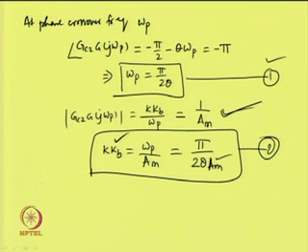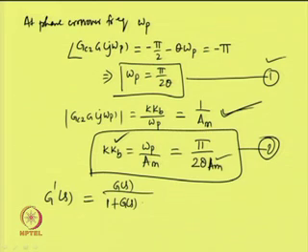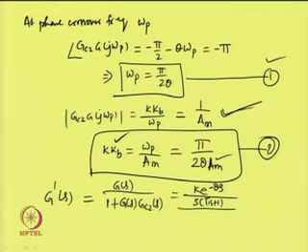Now, next the stabilized process G dash s is equal to G s upon 1 plus G s G c 2 s, which can be written as k e to the power minus theta s upon s times (T 1 s plus 1) divided by 1 plus k e to the power minus theta s upon s times (T 1 s plus 1) times k b T d s plus 1.